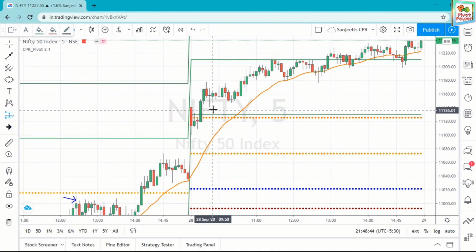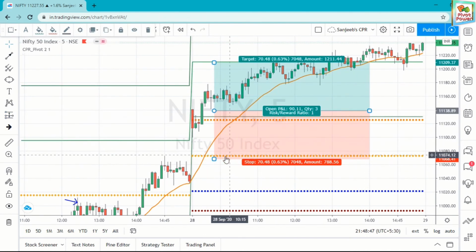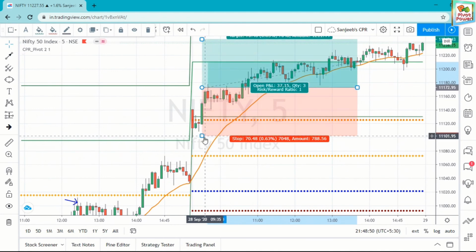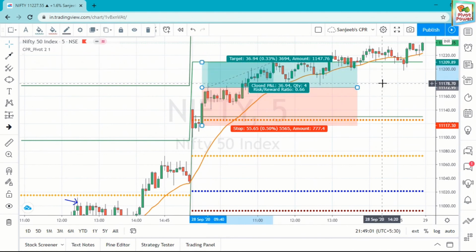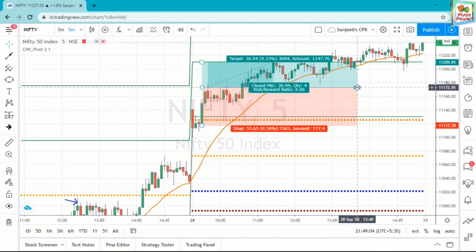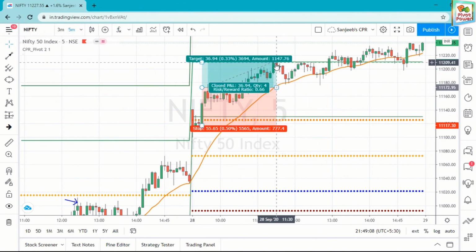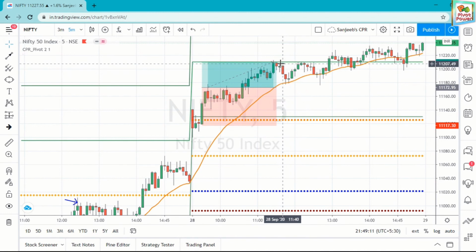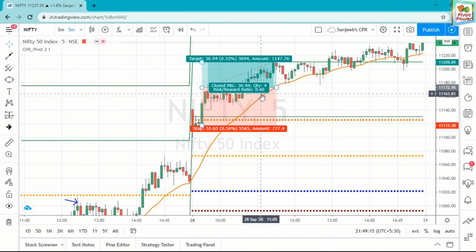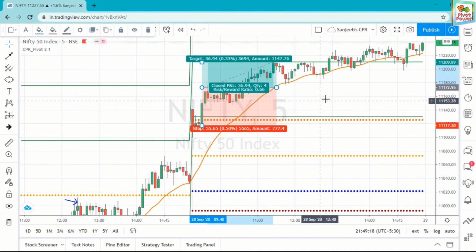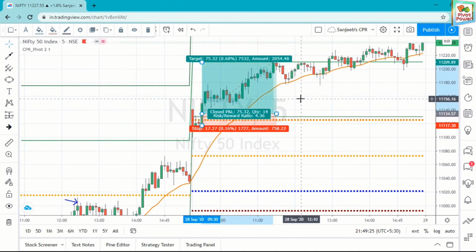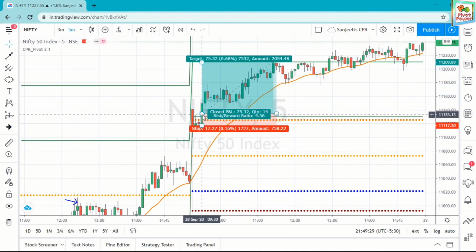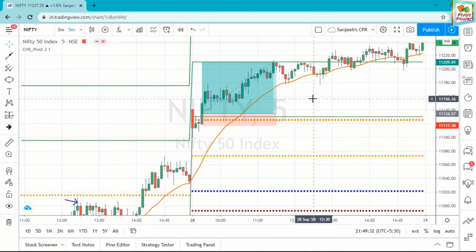Long position here, your entry should be here and the stop loss should be here, and the exit should be at this point, when it first touches the R1 pivot, R2 pivot. The risk reward here is more than 1:2.